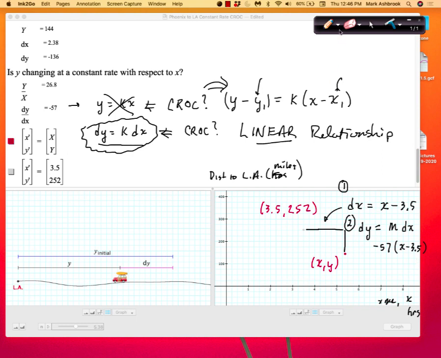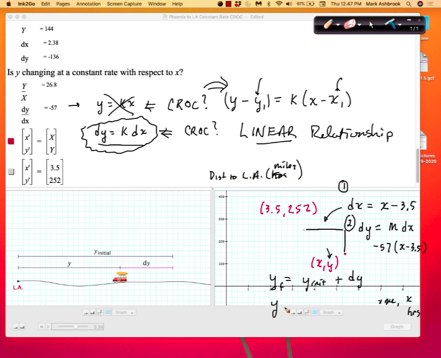Writing every point on this line is really defining what y is, and this is kind of like y final. How do I get a final value of y? Remember? Y initial plus dy. My y final in this case is just all possible values of y. This is a variable point, so I'm going to write y.